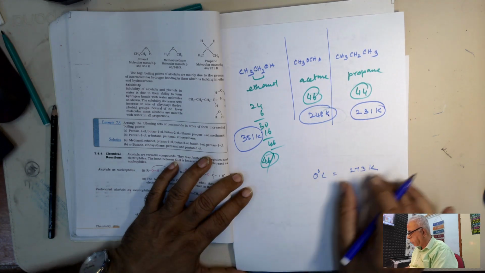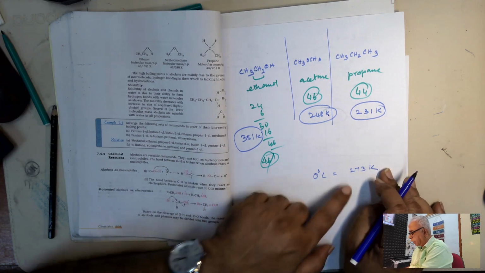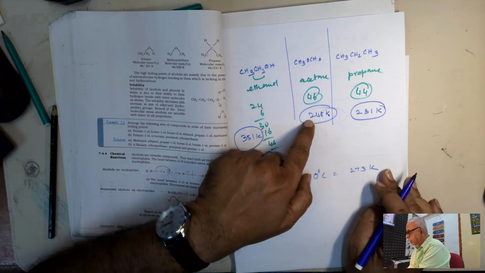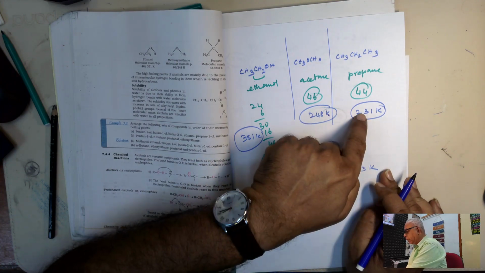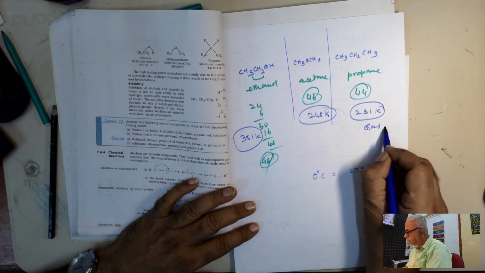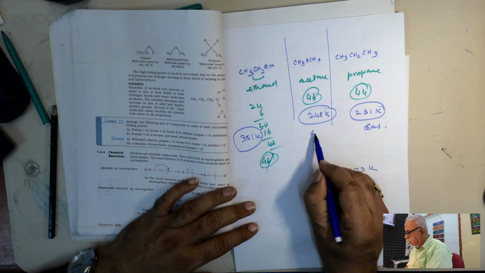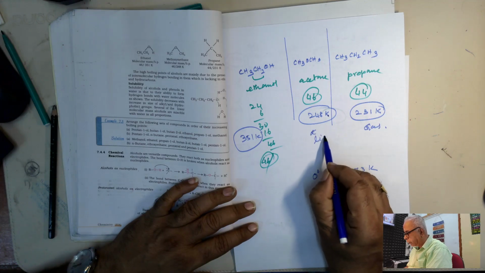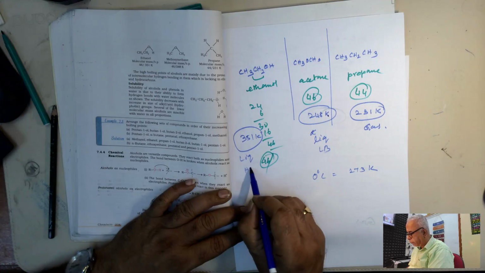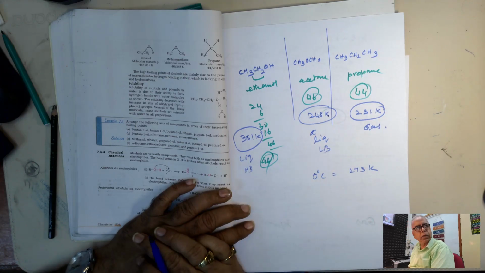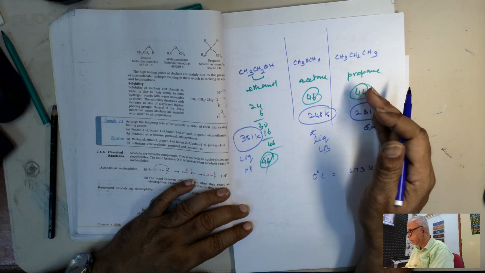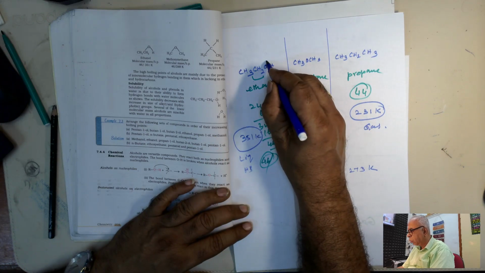Compare with that: ethanol is higher than 273, acetone is lower than 273, and propane is much lower than 273. It means propane is a gas, acetone is a liquid with a low boiling point, and ethanol is a liquid with comparatively high boiling point. This boiling point difference arises because of the presence of O.